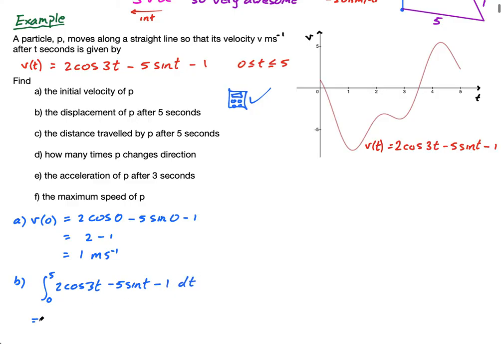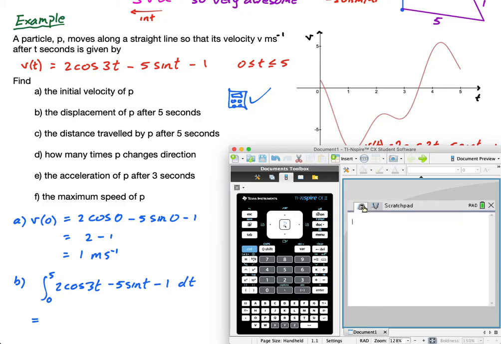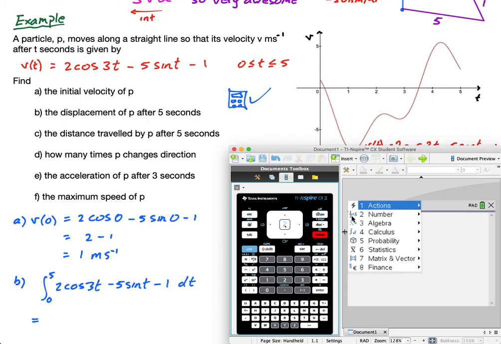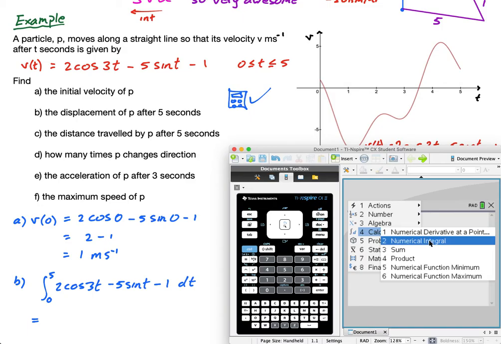And here, look, if this is a paper 2, you do not have to integrate it. I don't have to go to the process of getting sine of 3t over 3 and whatever it is. I can just type that into the calculator. So here I'm going to go menu, calculus, numerical integral.